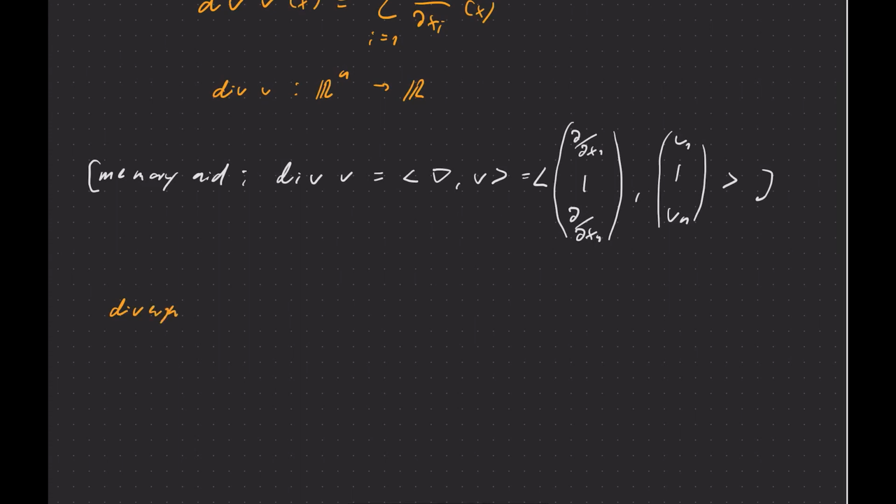So you could say the divergence is a measure of local density of sources and sinks of a vector field in a certain way. Yeah, don't take this too literally, please.